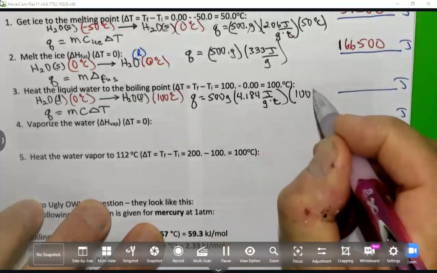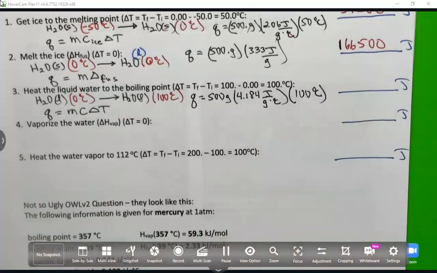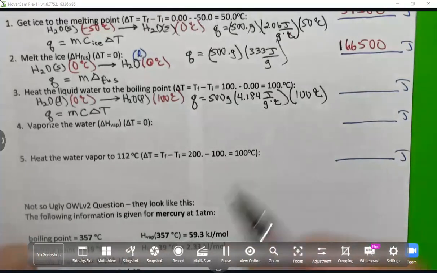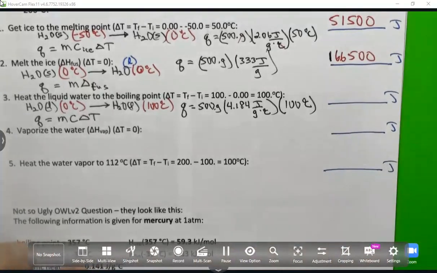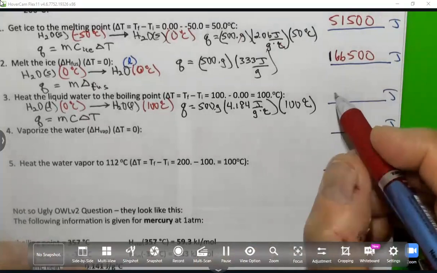And my temperature change is 100, right? And if I punch this in, I'm going to get 209,200.